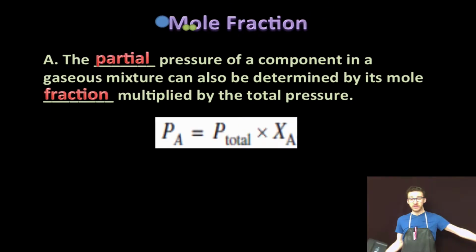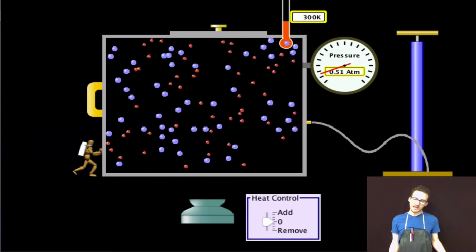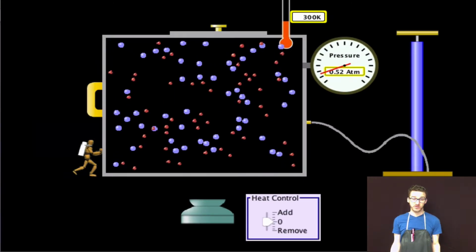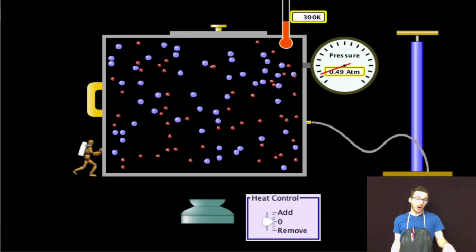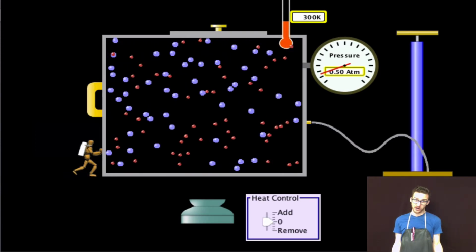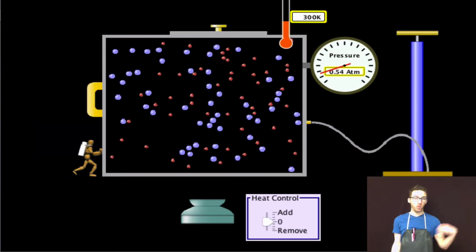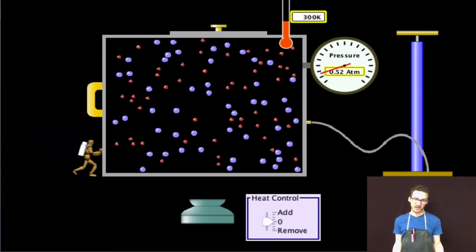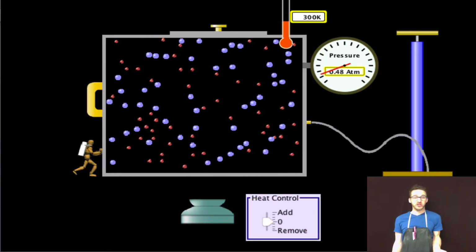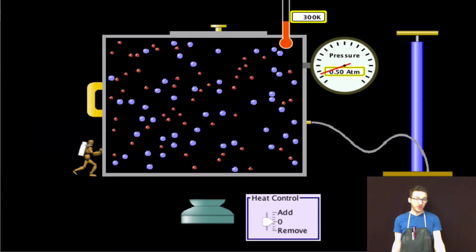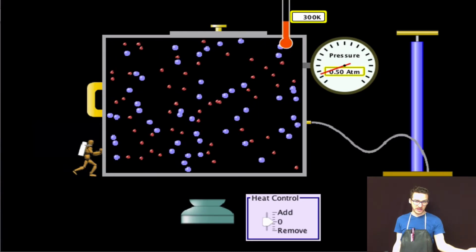Alright, so the big point of this video was to talk about how we could use what's called mole fractions to determine partial pressures of gases. So first, recognize when we talk about partial pressures, what we're talking about is what is the part of the total pressure that's being contributed from one of the gases in that mixture. So what is the partial pressure of the red gas contributing to the total pressure of approximately 0.5 atmospheres?